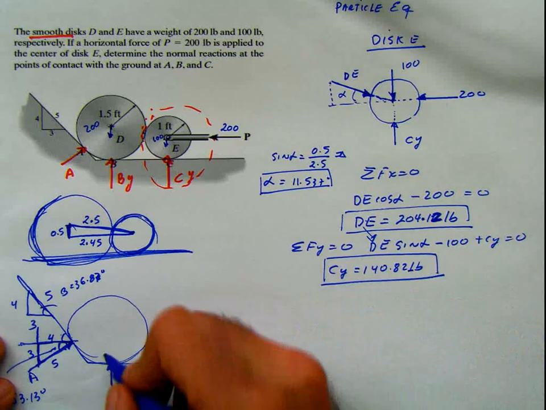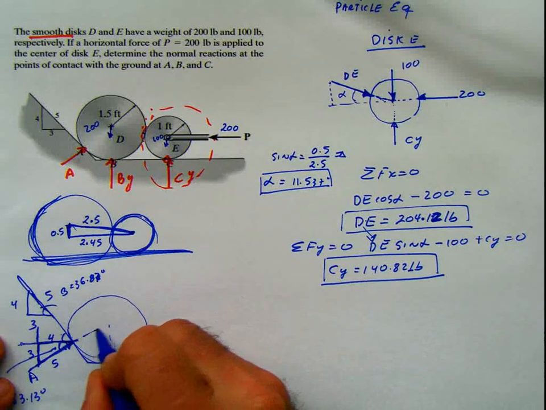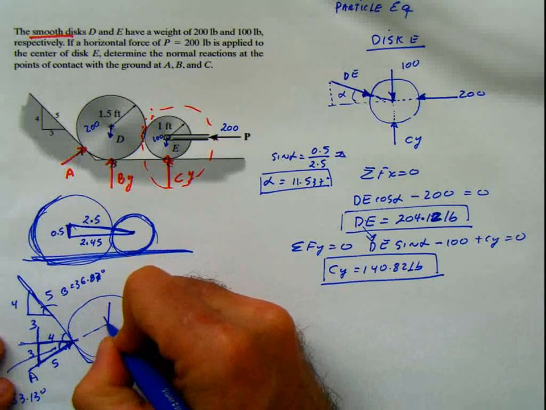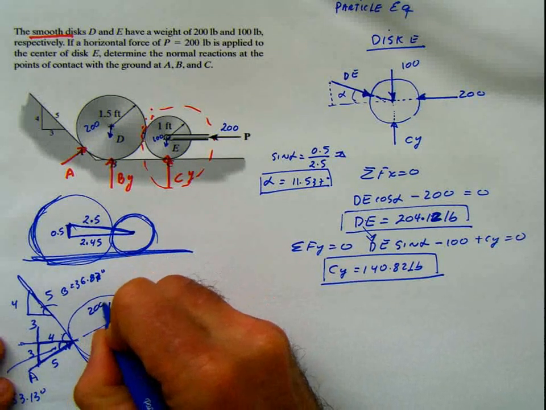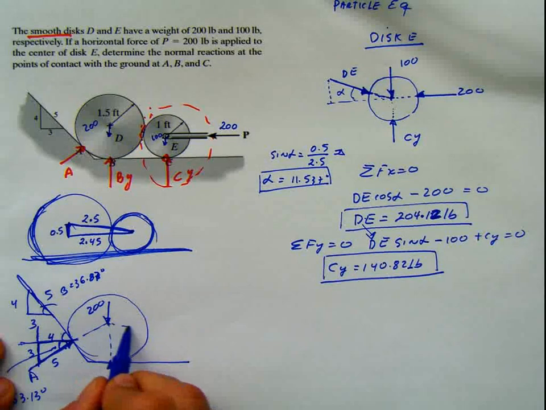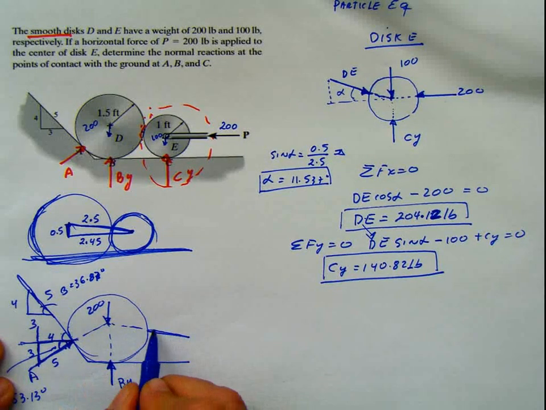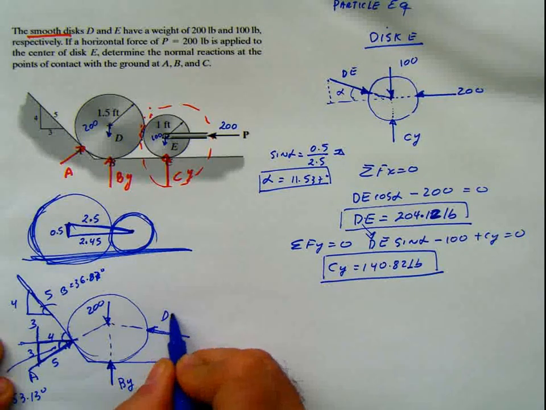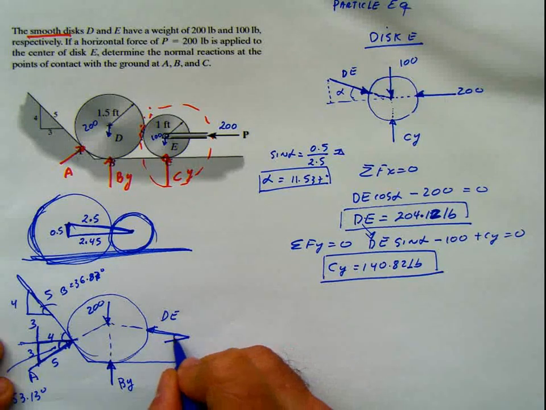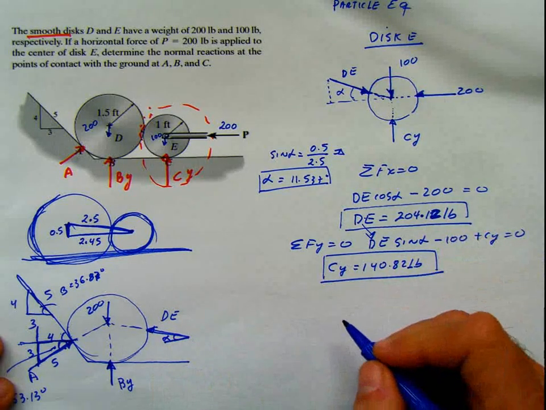Okay, now this force is here, this force is here. We also have the weight acting in this part, and we have the normal coming from this other side, which we know, and is the DE, and we know this angle also, because this angle here is alpha, and we calculated alpha before.